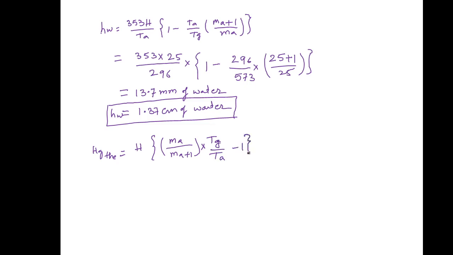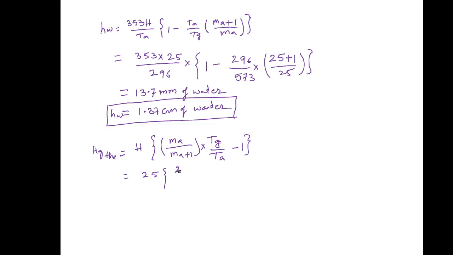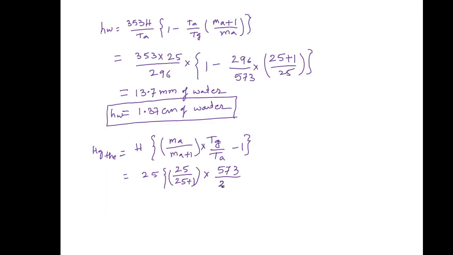H is 25, Ma is also 25, so 25 divided by 25 plus 1, into Tg, the temperature of hot gases, 573 Kelvin, divided by air temperature 296 Kelvin, minus 1.